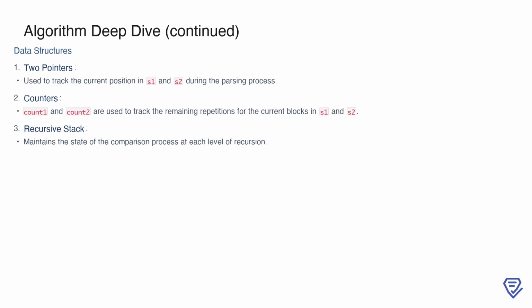These counters are crucial for simulating the decoding without expanding the entire string. Finally, the recursive stack maintains the state of the comparison process at each level of recursion. This stack structure enables the backtracking mechanism to explore alternative paths when repeat counts or block sizes differ between the two strings. Together, these data structures form the backbone of our approach.